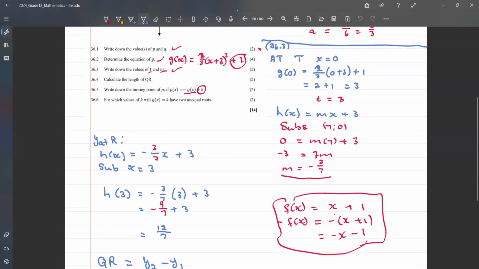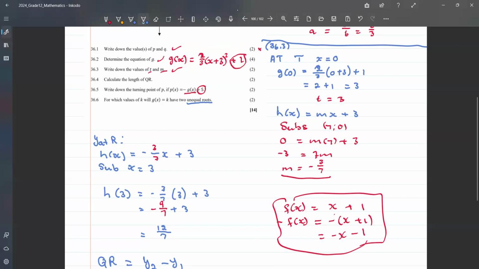Last question. For which values of k will g of x equals k have two unequal roots? All right, we need unequal roots. What we are going to do here is substitute k in g of x, and we have to determine unequal roots.